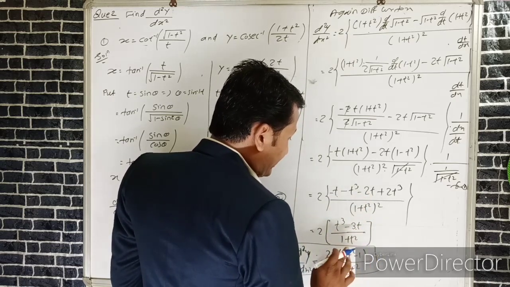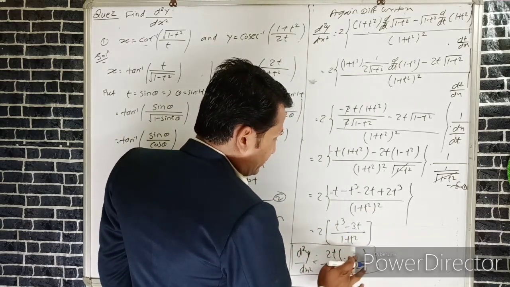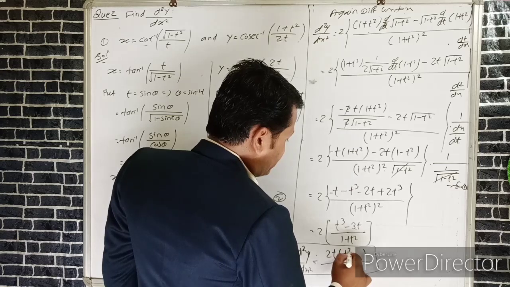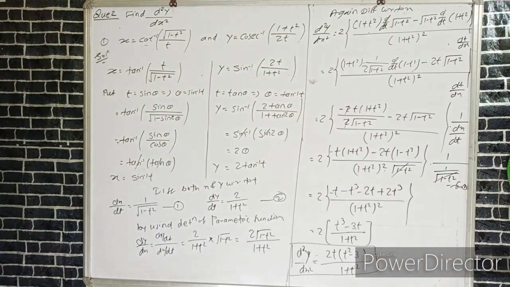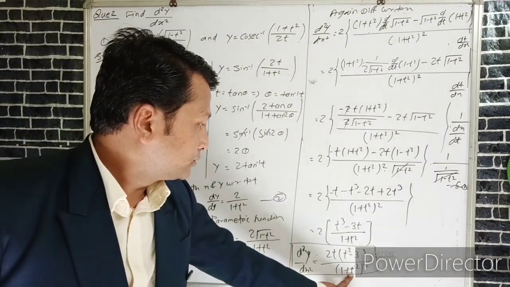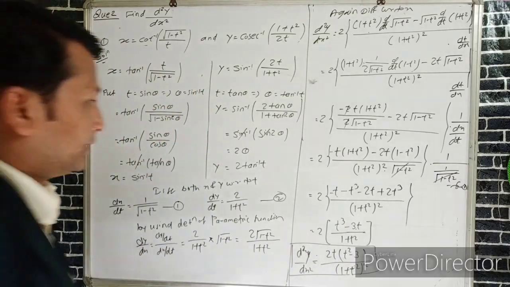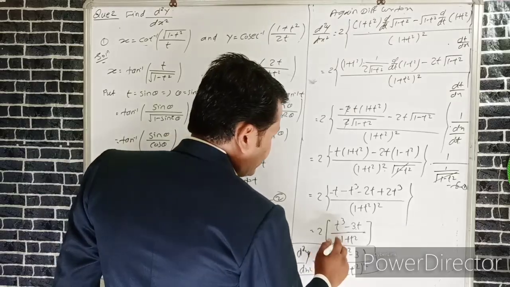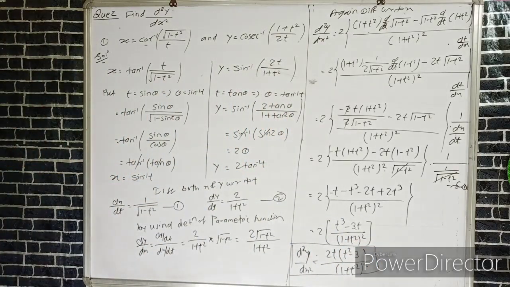If we take t common from this term, we can write t square minus 3, which is the required derivative, upon 1 plus t square whole bracket square. Here again we can write similarly 1 plus t square whole bracket square.